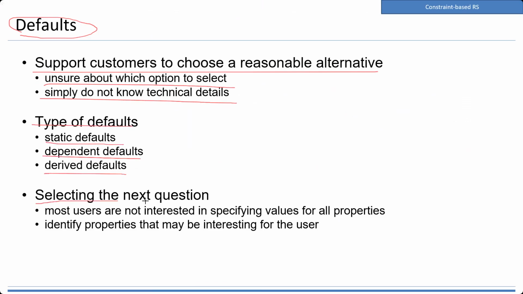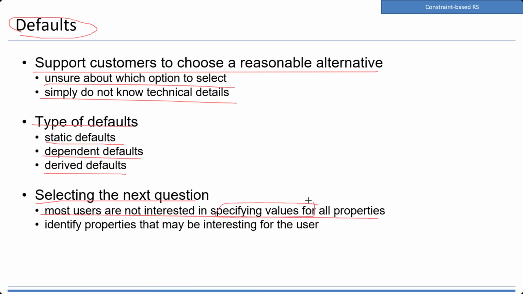We can have the next question, or selecting the next question. Most users are not interested in specifying values for all properties. You know what that means? If you go to a store, you may not give the details.